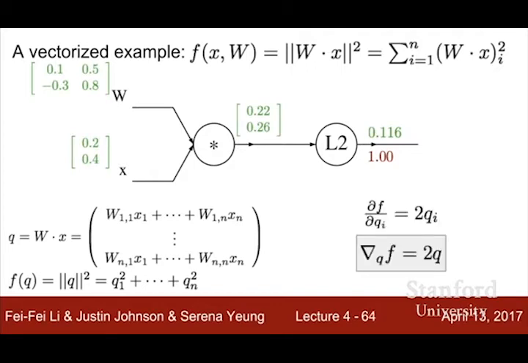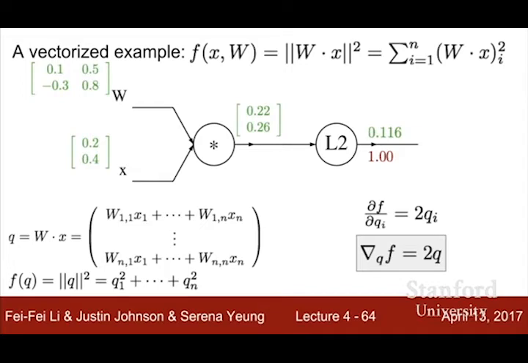Okay, so now let's move back one node. Now we want to find the gradient with respect to q, our intermediate variable before the L2. And q is a two-dimensional vector. What we want to do is find how each element of q affects our final value of f.